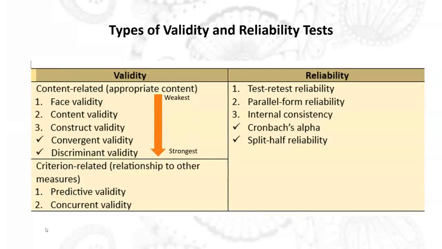For the types of validity and reliability tests commonly seen in research papers, I summarize them here, and I will go through each one by one. For validity tests, there are two types. The first is content related. That is to check whether the questions in the scale really refer to the concept.